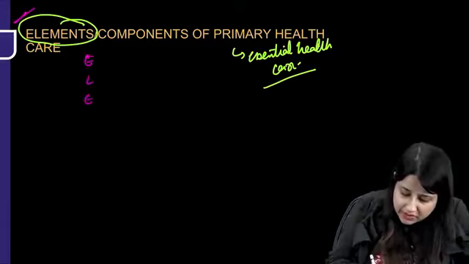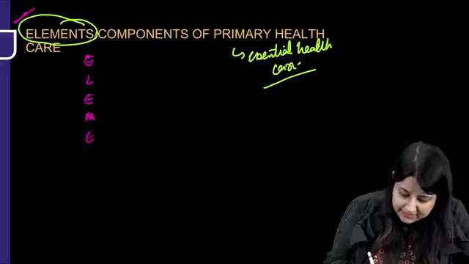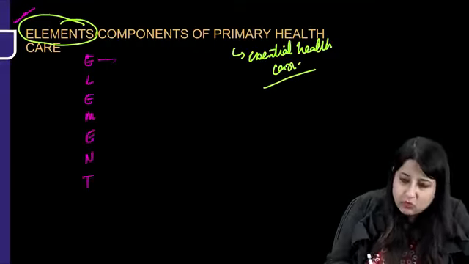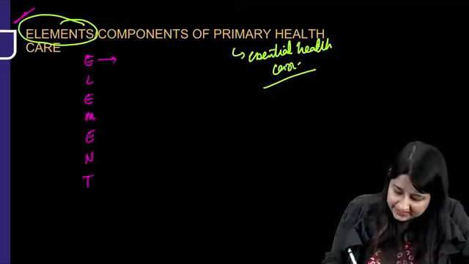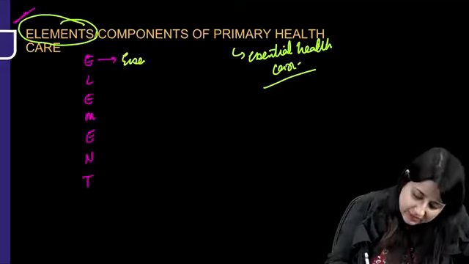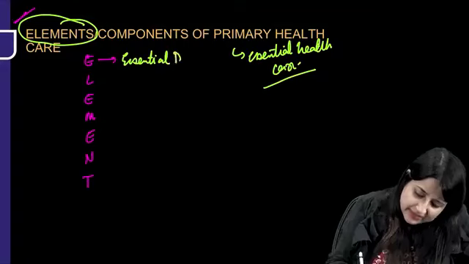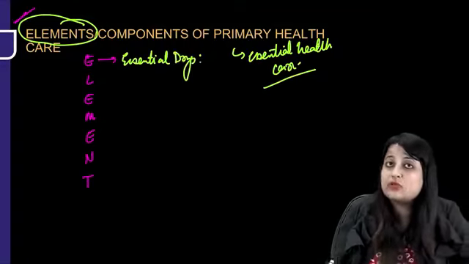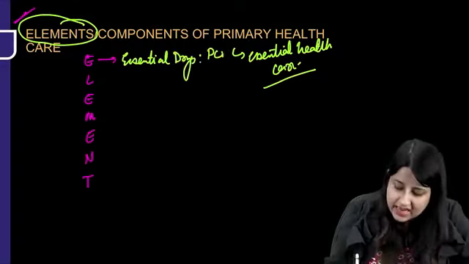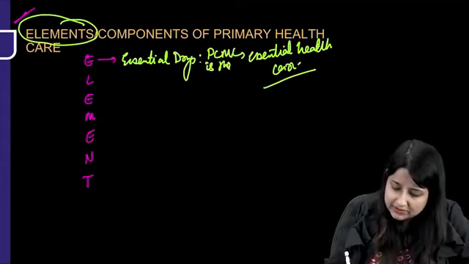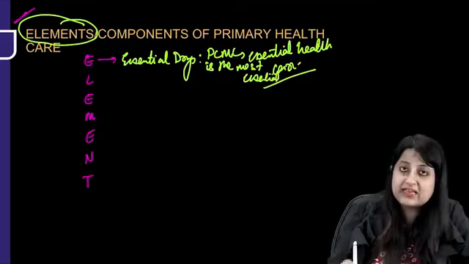This is the mnemonic of the essential healthcare services. So what does E stand for, everybody? E stands for essential drugs. There are almost 34 essential drugs which should be available at all the healthcare facilities, out of which paracetamol is the most essential.